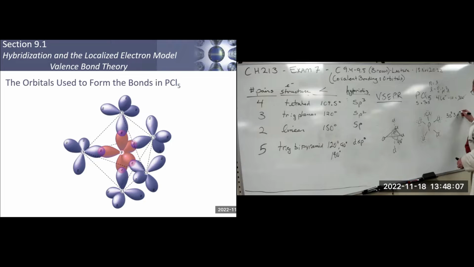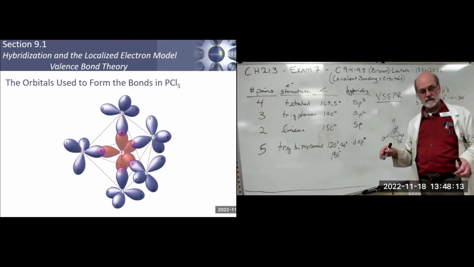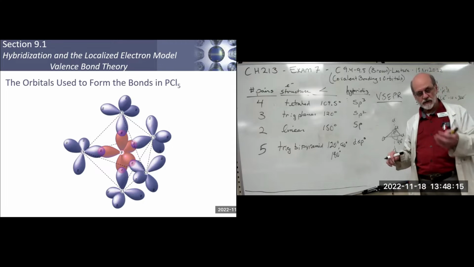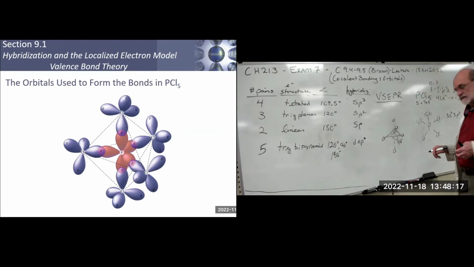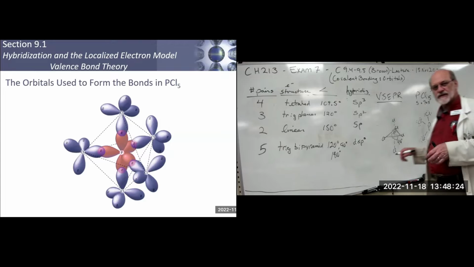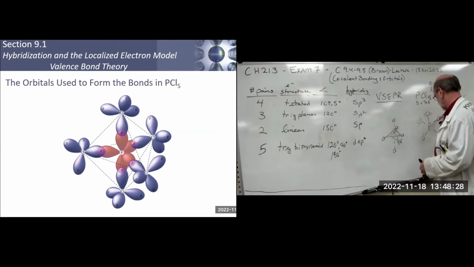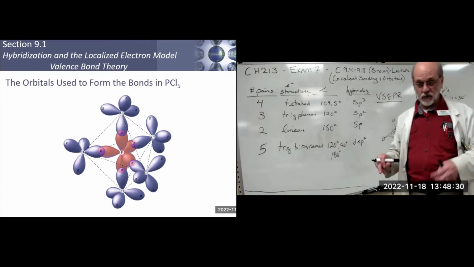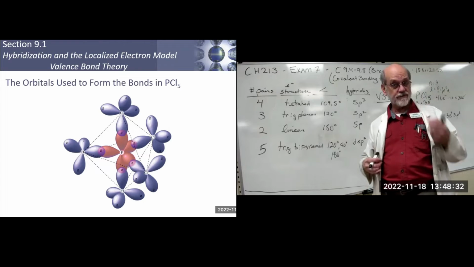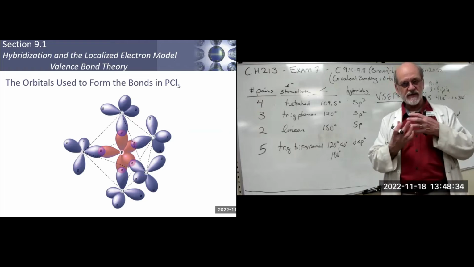Okay, that one and that one. Right? So chlorine would also have to hybridize in order to produce, yeah, but it's not as critical because it only has to overlap one orbital. The real critical part is what do we do with the phosphorus, because it's in the center.